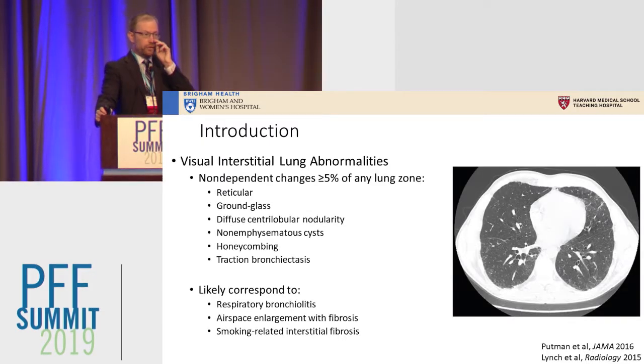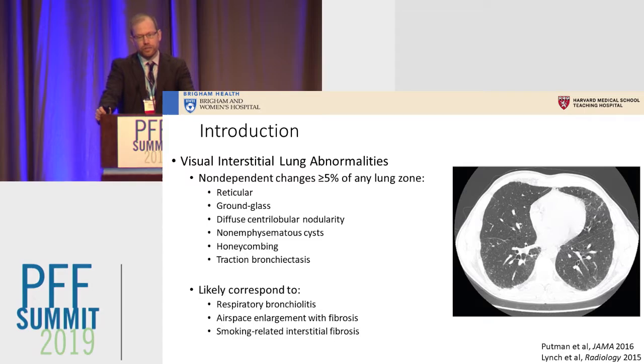And so I think many of you in the room are familiar with this, but I just want to make sure to give a little bit of background. For a long time, it's been recognized that there are patients who, on their CT scan, have subtle abnormalities that don't quite meet the diagnostic criteria for interstitial lung disease or IPF. Over the last decade or so, most people have settled on a term for this, and we've been calling it visual interstitial lung abnormalities, or ILA.